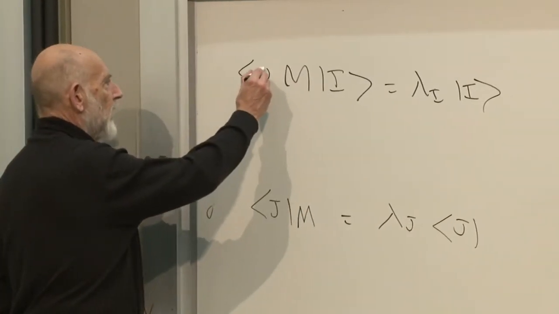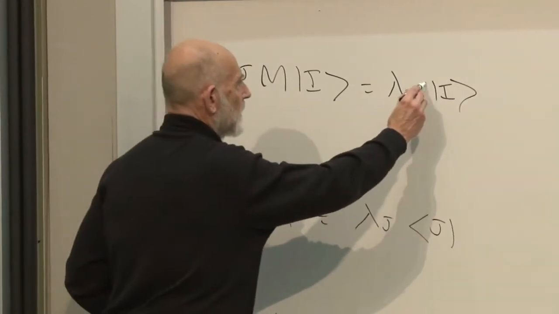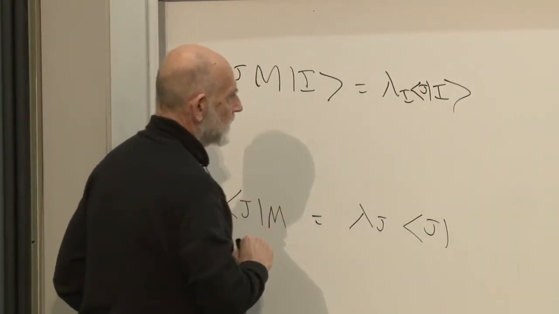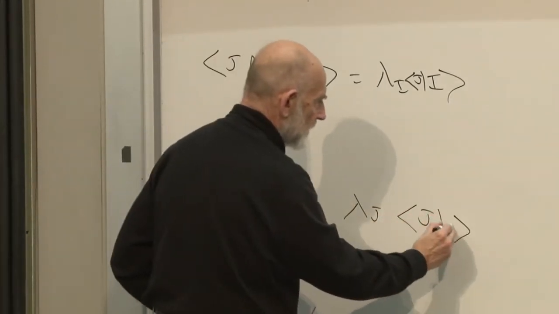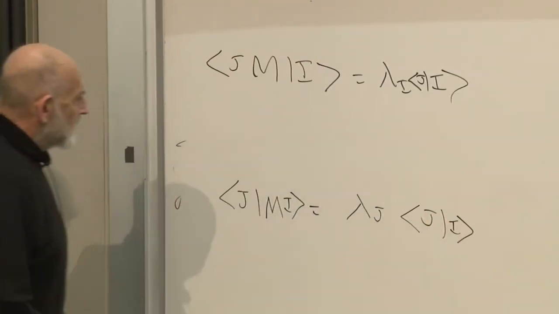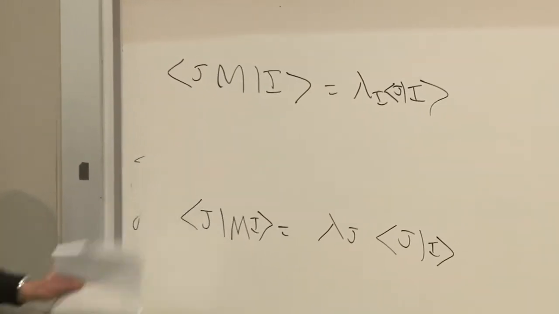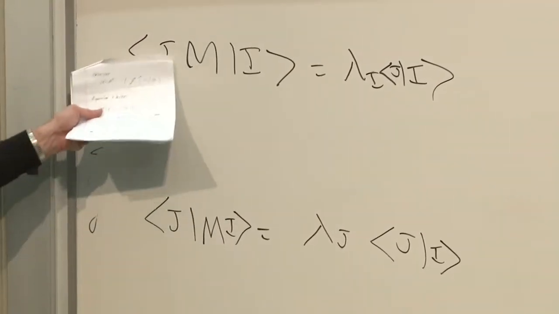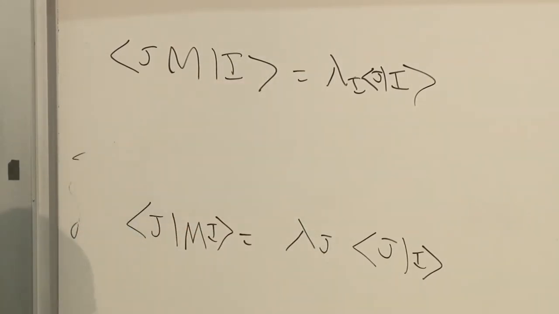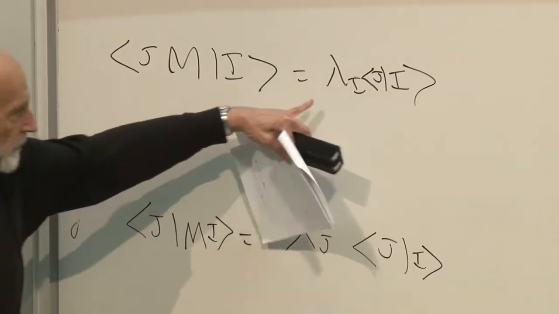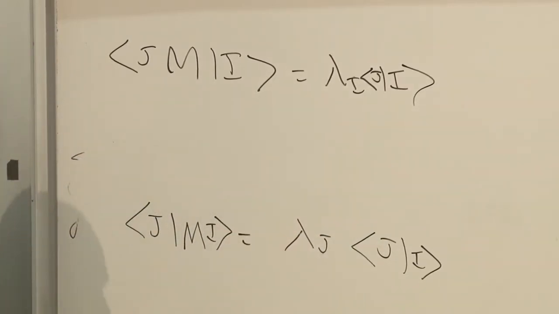So let's do that. J, I. What we have on the left is the same on the upper and lower equation. What we have on the right is not necessarily the same.